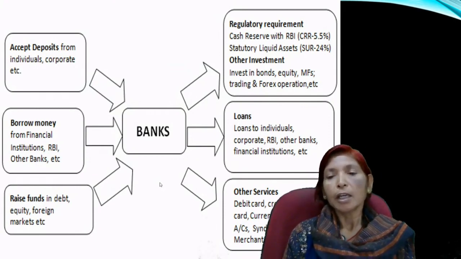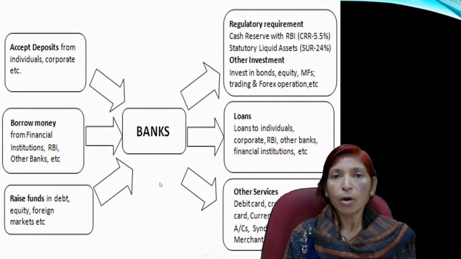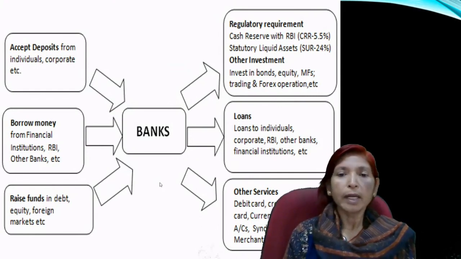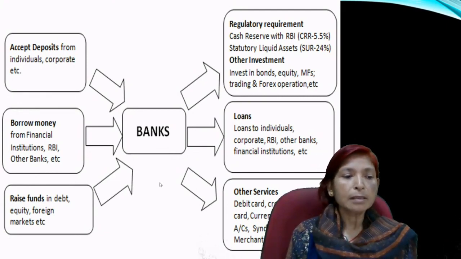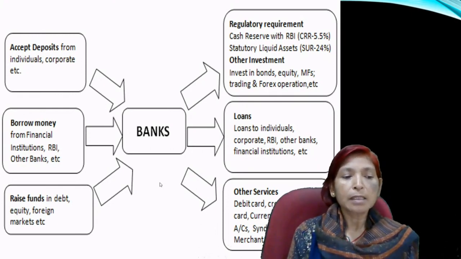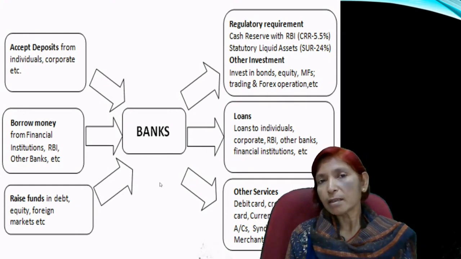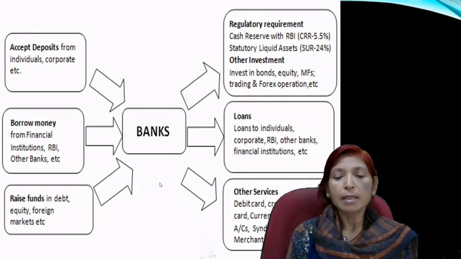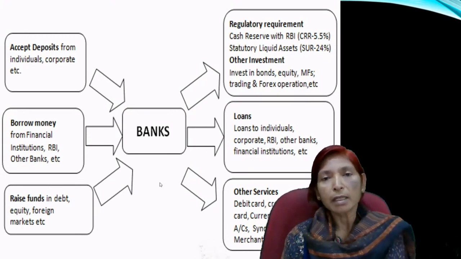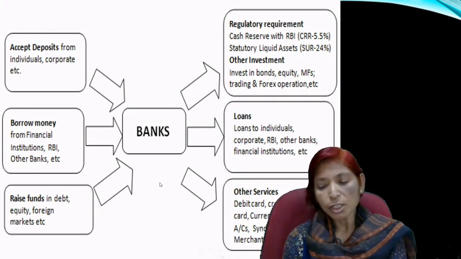Other investments are mutual funds investment, investment in bonds, securities, trading and foreign exchange operations, etc. Banks raise funds in debt, equity, and foreign markets, and banks can provide many other services like debit card, credit card, current and savings accounts, demat account, syndication services, merchant banking services, etc. So these are the main functions of commercial banks.